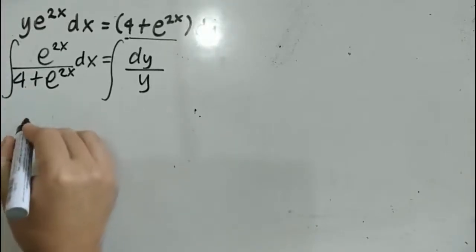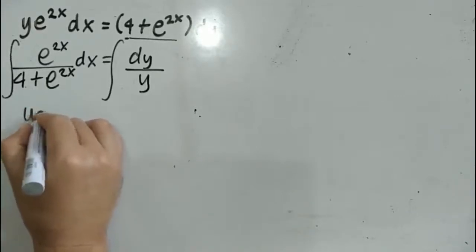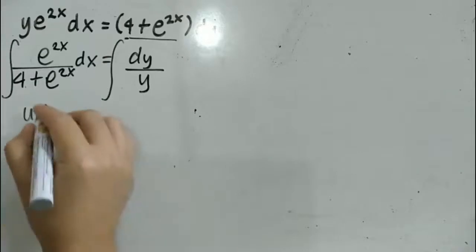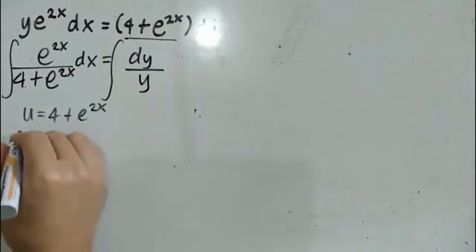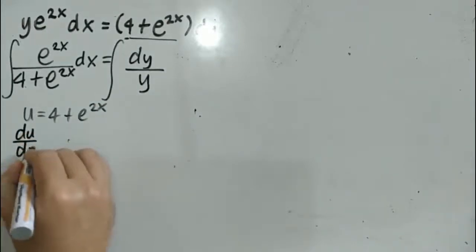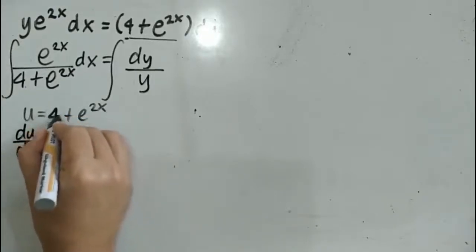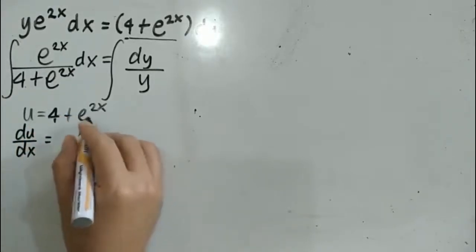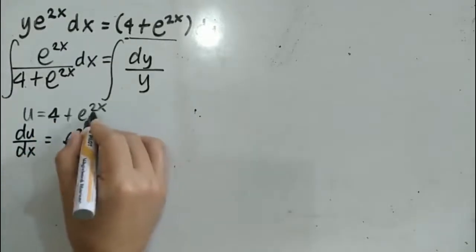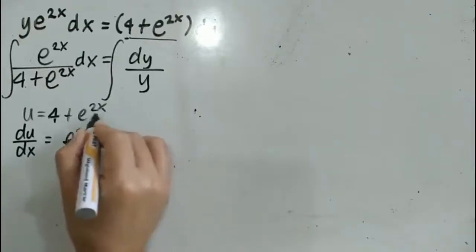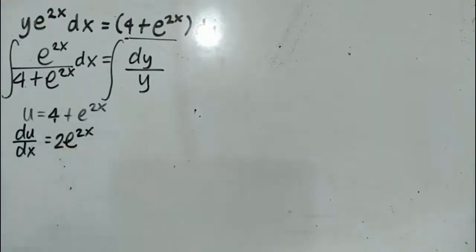So we'll try to see if we substitute our 4 plus e to the 2x as our u, and we have our du over dx to be 0 plus e to the 2x, the derivative of e to the u being du, and the derivative of the exponent is 2.